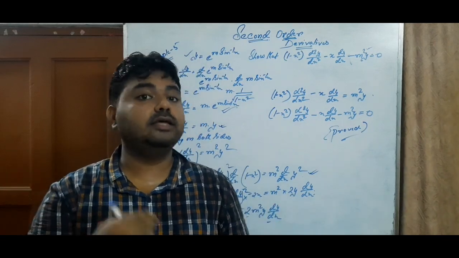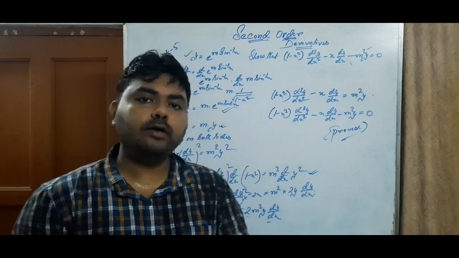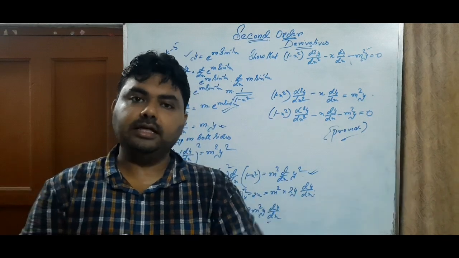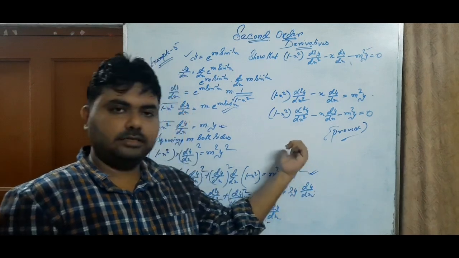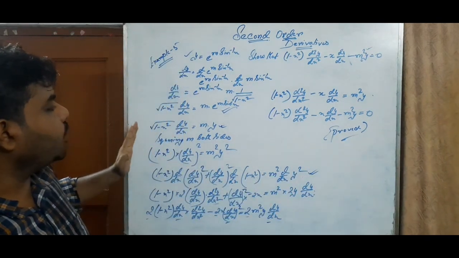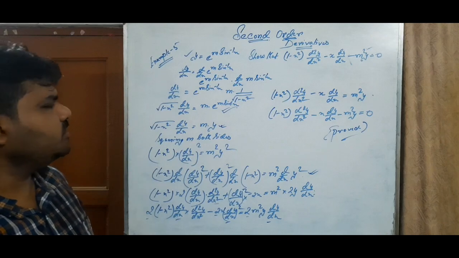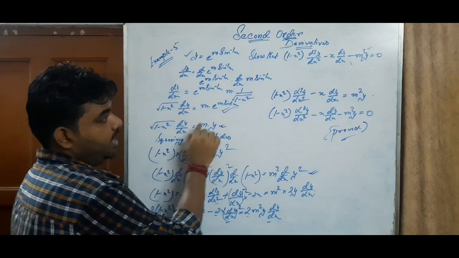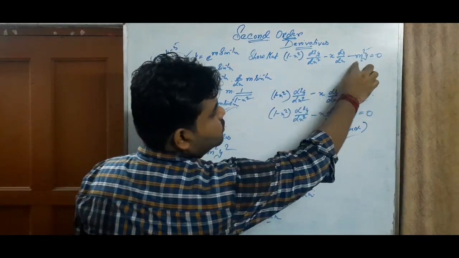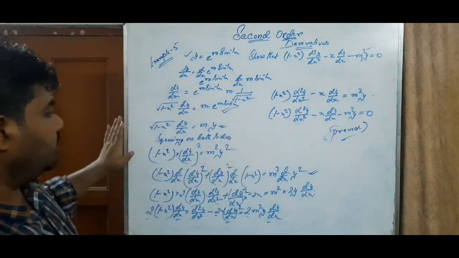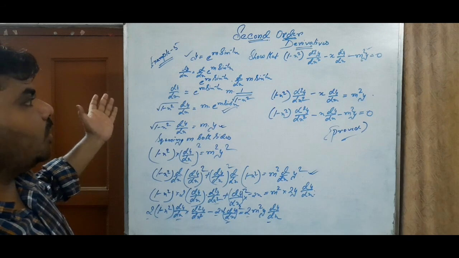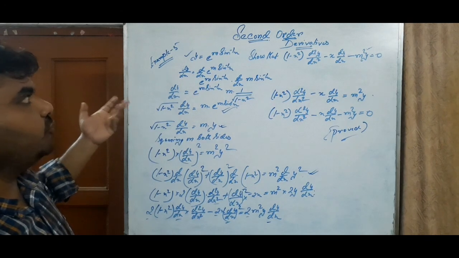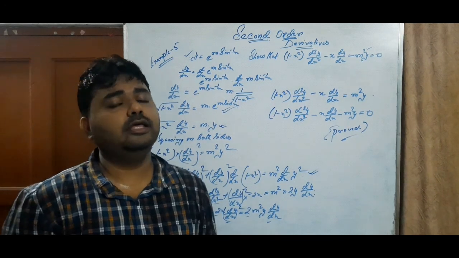In the last two examples, we just cross multiplied the denominator, then found the derivative on both sides, and in this example we just squared both sides. Why squaring both sides? Here we have got m and we have to show m square y, that's why we squared both sides. So these are all the methods we have to use for second order or higher order derivatives. Thank you.